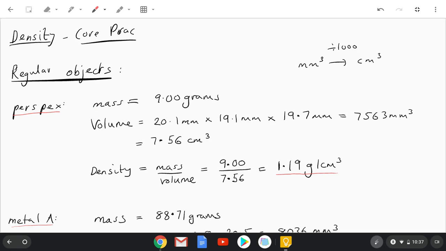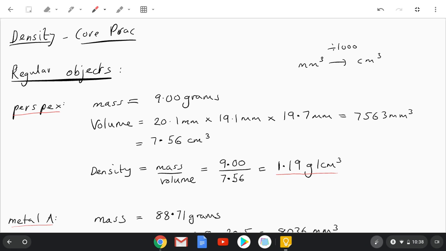Then the measurements were taken for the height, width, and length, and using those three dimensions, we worked out volume by multiplying height, width, and length together. The units that were taken were in millimeters, so our volume is going to be in millimeters cubed.